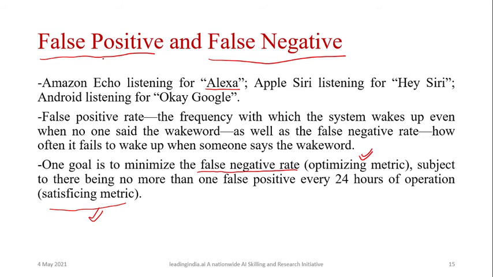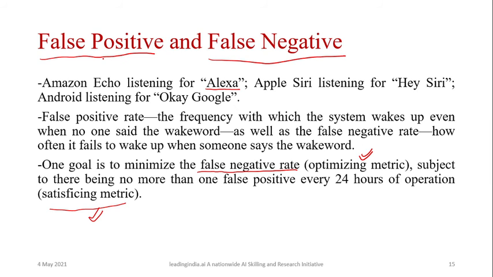Suppose I am making an application for an IoT device and the same application for a supercomputer. In the case of an IoT device, what will be your satisfying metric? It will be power. Your model should not take more than a certain power level.